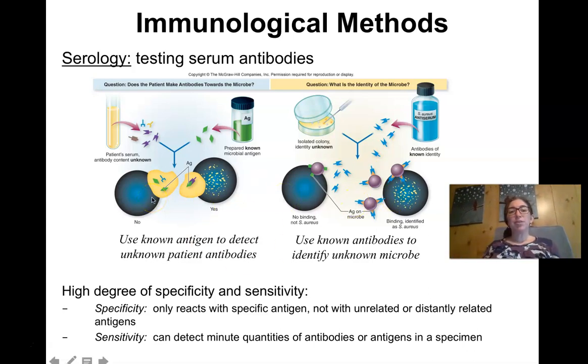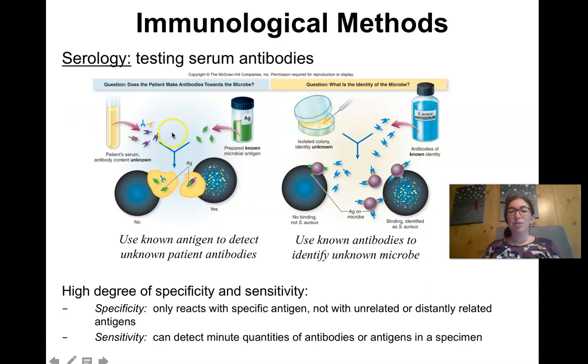The other thing we can do is if we can't culture the patient's microbes, we can take antibodies from their blood and test it against known samples of a microbe or antigen. So we can take a culture from a company of Staph aureus, or we could order just proteins, antigens of Staph aureus, and mix them together and see if they are a match for the patient's antibodies.